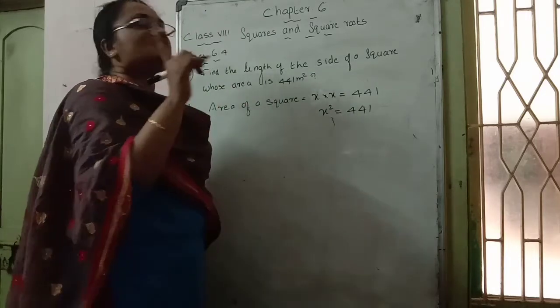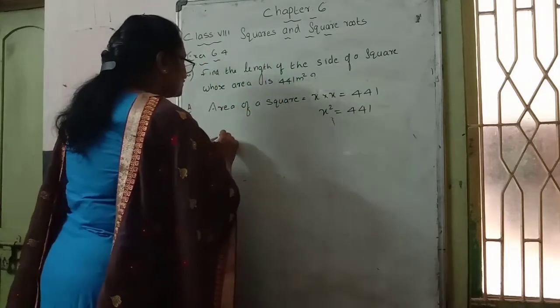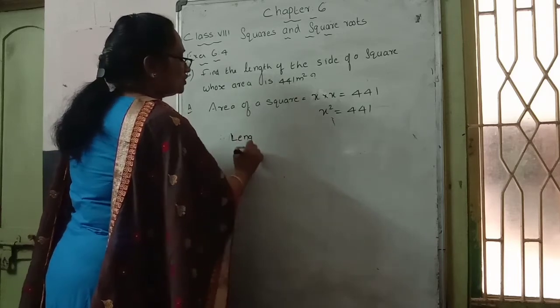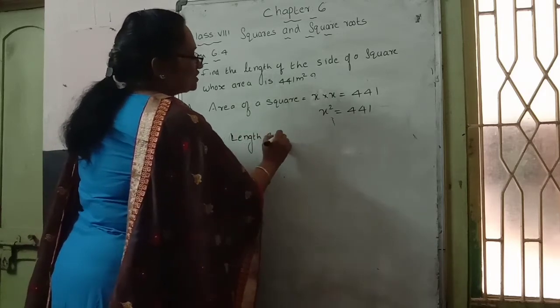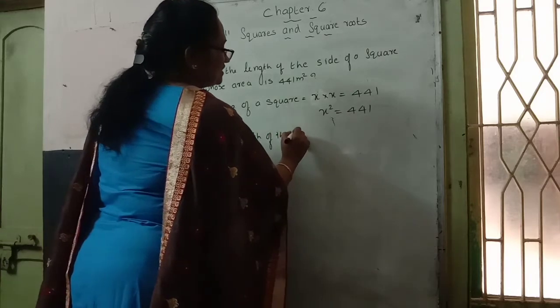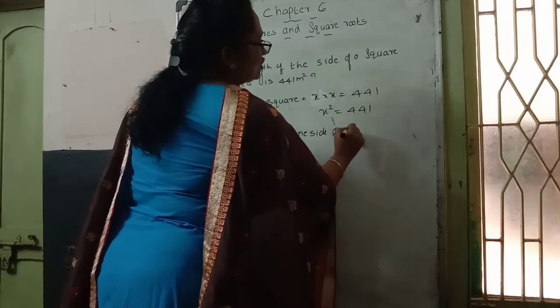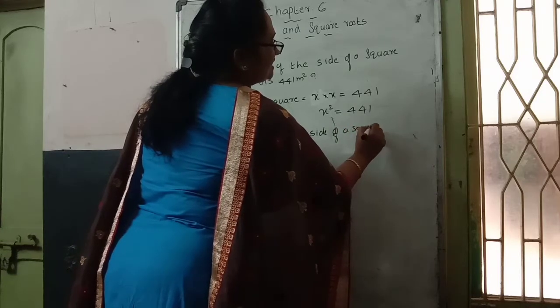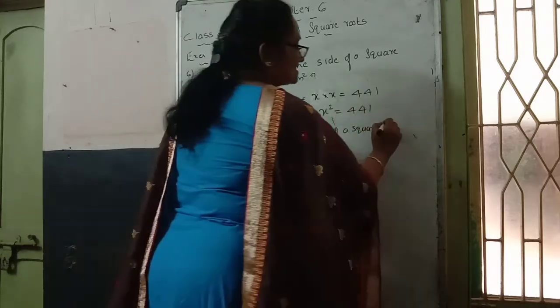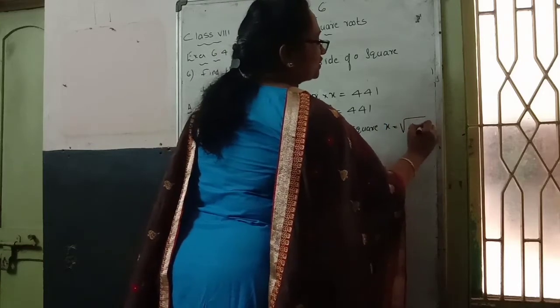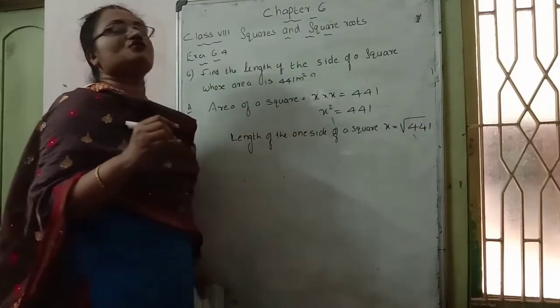We want the length of the one side. Therefore, length of one side of a square is represented as x. How to find it? Take the square root of 441.